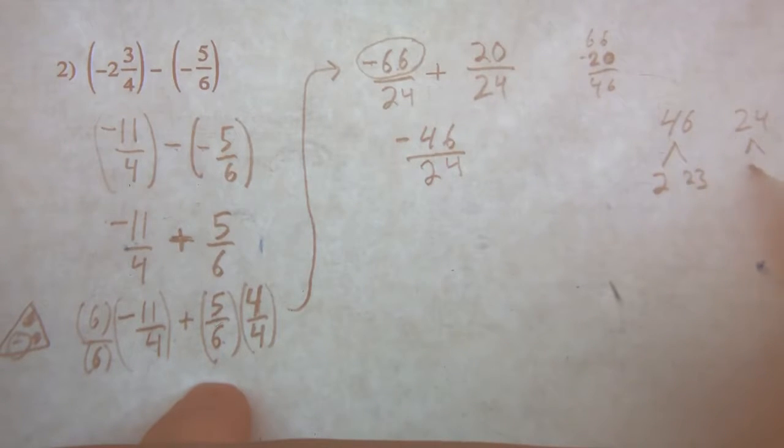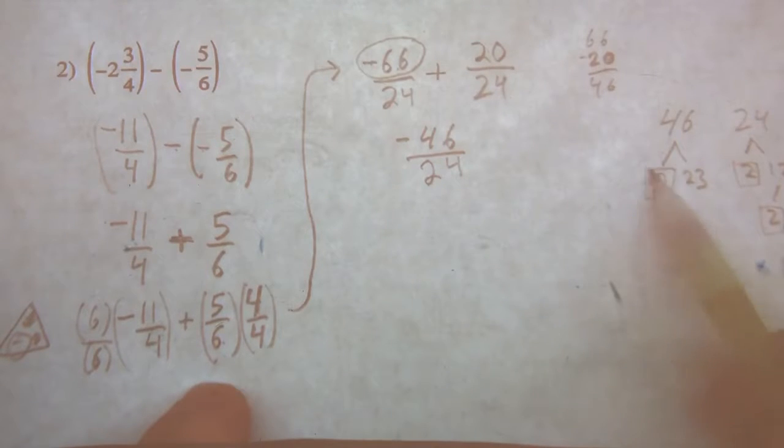I'll factor 24, 2 times 12. I can keep going. 2 times 6, 2 times 3. So here, my prime factors are 2 times 2 times 2 times 3. Those are the prime factors. So 24 is made out of 2 times 2 times 2 times 3.